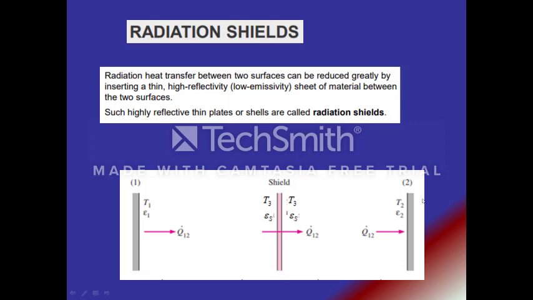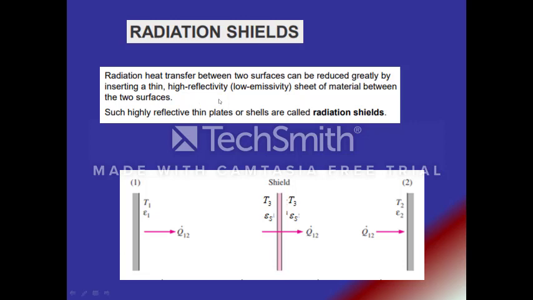It can be accomplished by keeping a very thin sheet of very high reflectivity, rho, or you can say very low emissivity. Epsilon should be very low. If we keep such a thin sheet in between, the heat transfer between 1 and 2 is reduced significantly. Such thin sheets are called radiation shields, something like insulation in the case of conduction or convection.